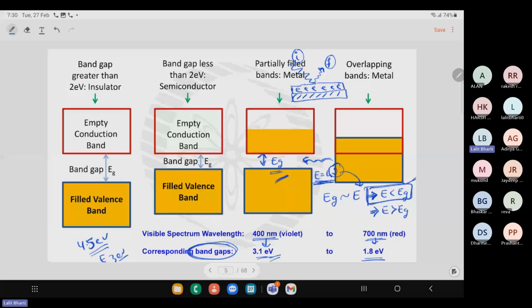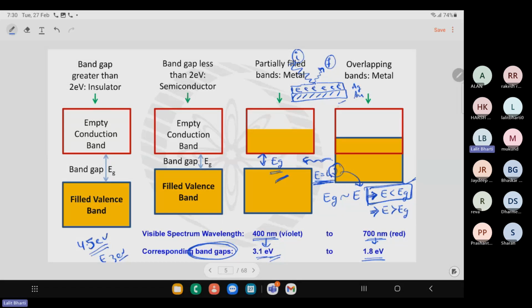The more conductive, it may have some color. Let's say silver may have some color, gold may have some color, but mostly they are shiny. Shiny means most of the incident radiation will be reflected back in a similar direction, or in the direction of the viewer. That is why the metals are shiny.